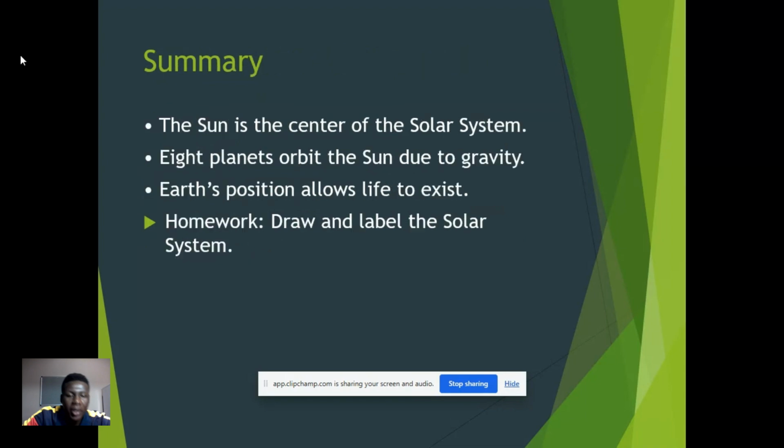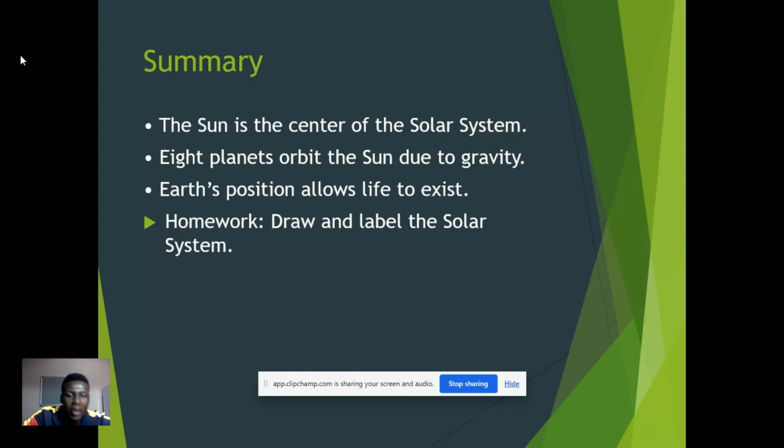Then for a quick recap of what we did today in our lesson, we said the sun is the center of the solar system. The sun has a gravitational pull. It pulls the planets towards it, and those planets orbit around the sun due to its gravitational pull.